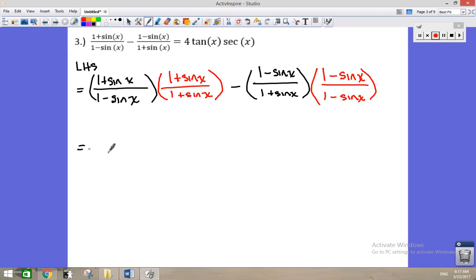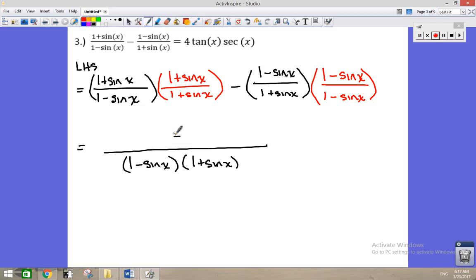Alright, so that gets us a common denominator. It doesn't matter the order of multiplication, whether we write 1 minus sine first or 1 plus sine first. That's the denominator. And now that I have a common denominator, I can do this subtraction in the numerator.